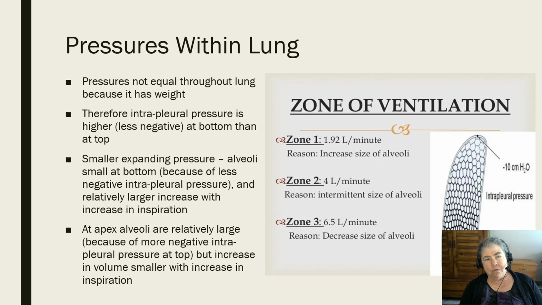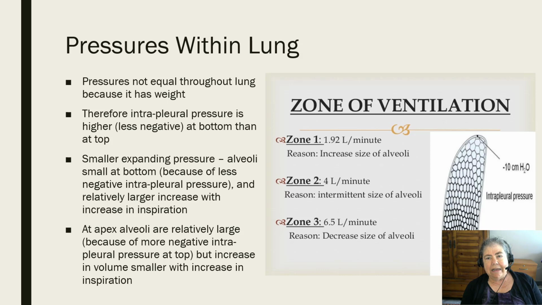I mentioned earlier that the pressure in the intrathoracic cavity and in the lung is not equal throughout the lung because it has weight and it is subject to the forces of gravity. So the pressure at the bottom of a lung in the pleural cavity is less negative than it is at the top.